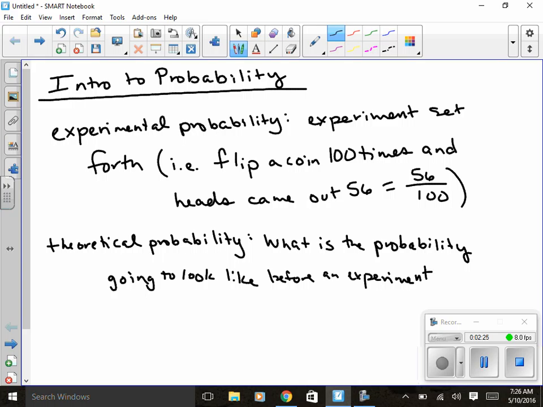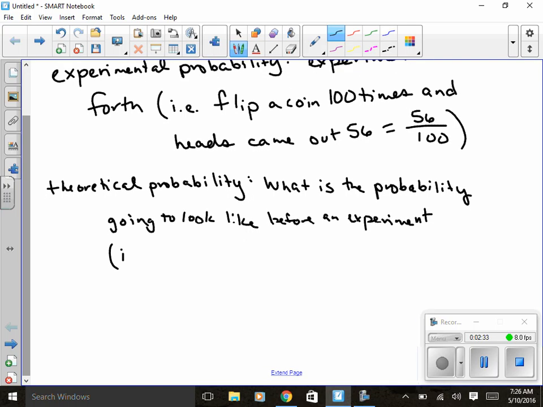So for instance, if I was going to flip a coin, I have a 1/2 chance, because I have 2 total options and heads is only one of them.